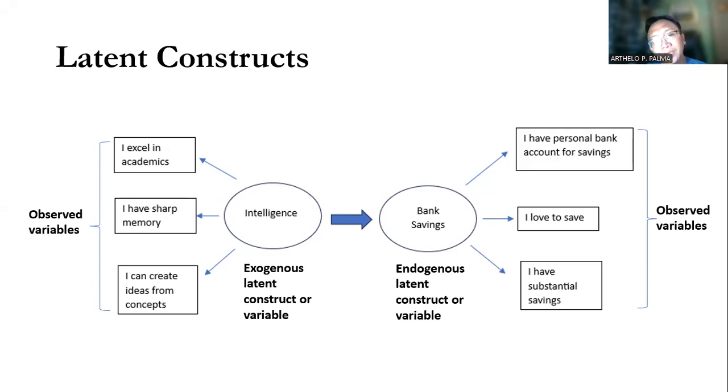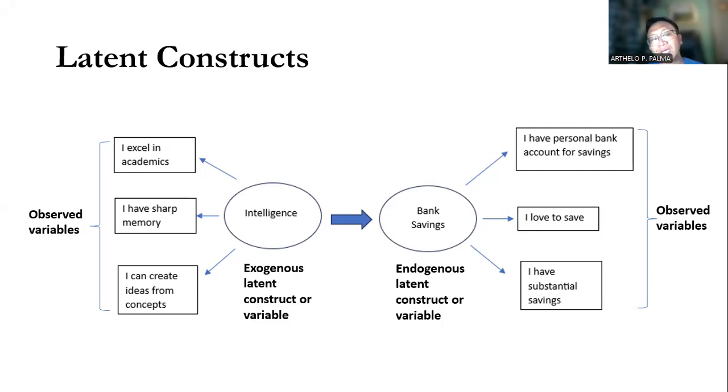Another latent construct here is bank savings, and we call it an endogenous latent construct or variable, because it is what is being affected by intelligence, the exogenous latent construct.